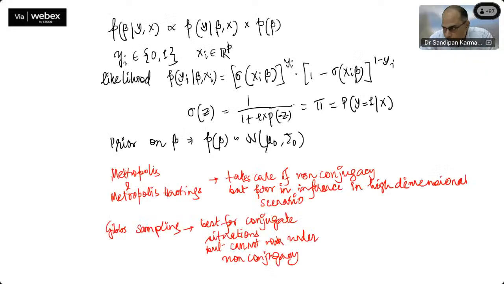So what we are going to do is Gibbs sampling, but inside it we'll be using this Metropolis Hastings.